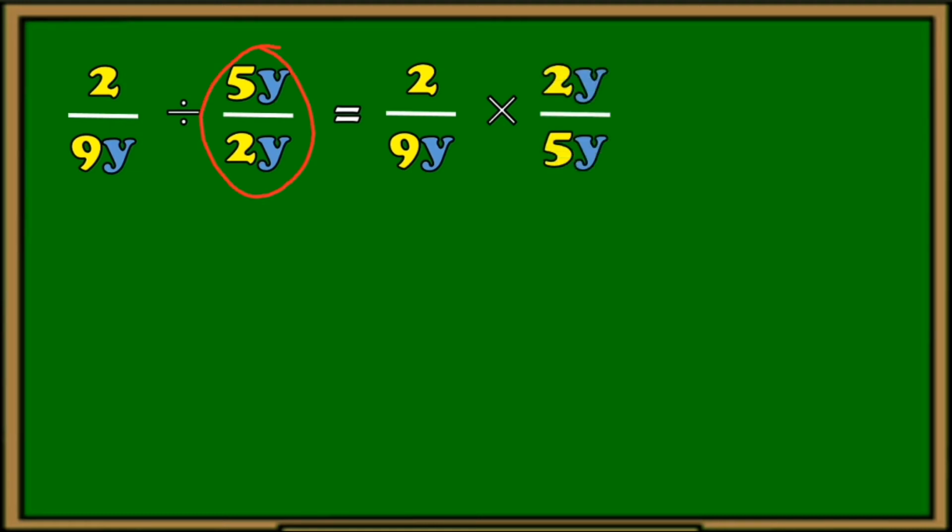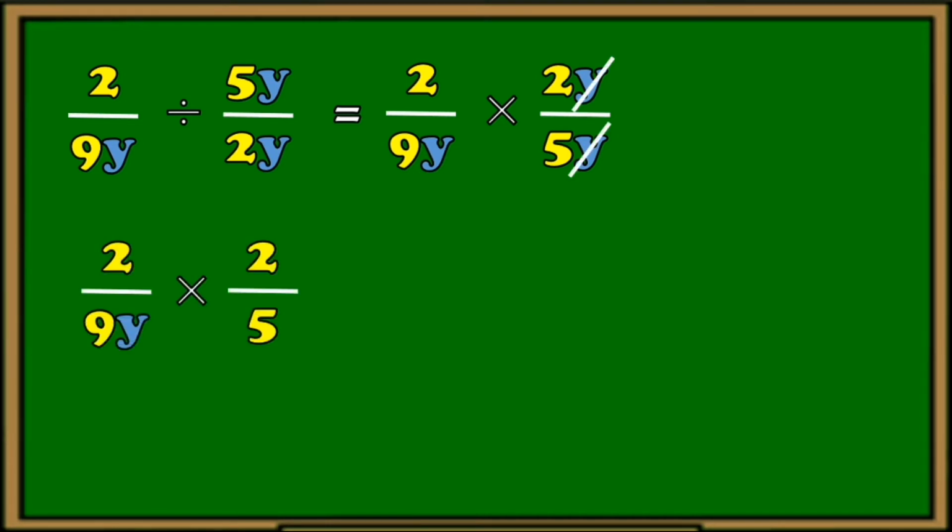That is 2y over 5y. Now, since we have a y on the numerator and y on the denominator, we can cancel those two y's, leaving us with 2 over 9y times 2 over 5.